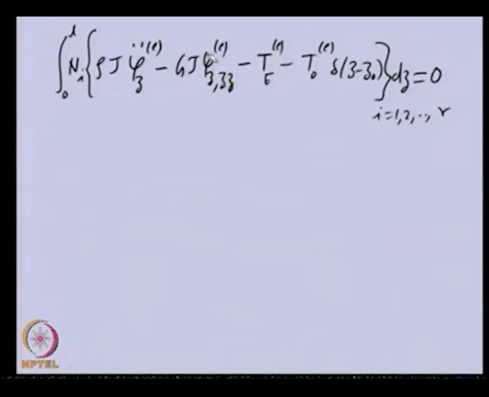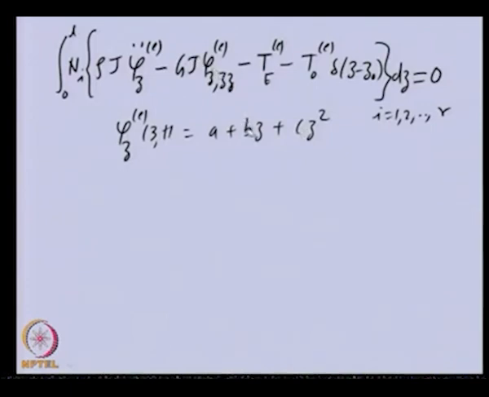So, whatever polynomial we choose should have at least a quadratic term, because if you take only the linear terms a and b, the second derivative will give 0. So, here this term will be 0.